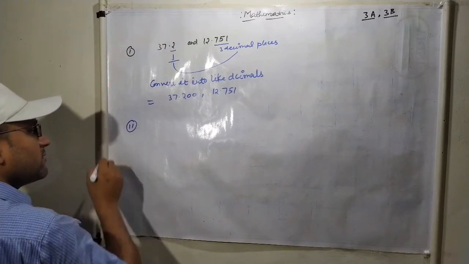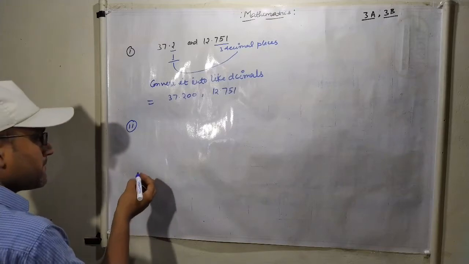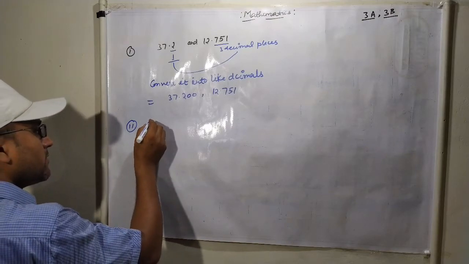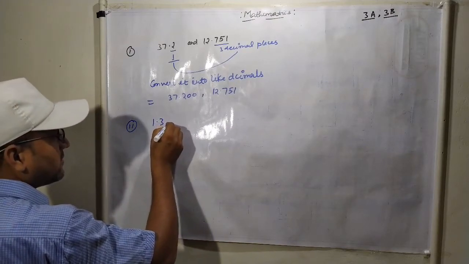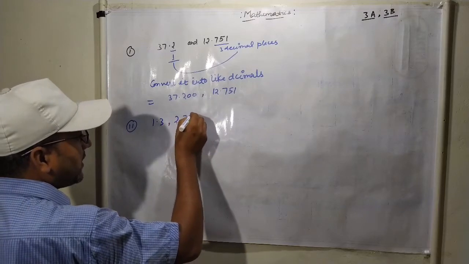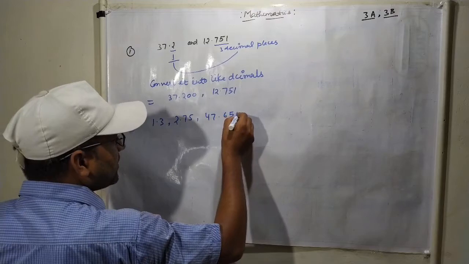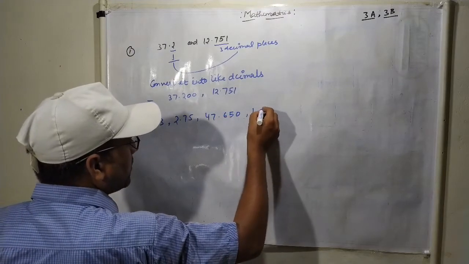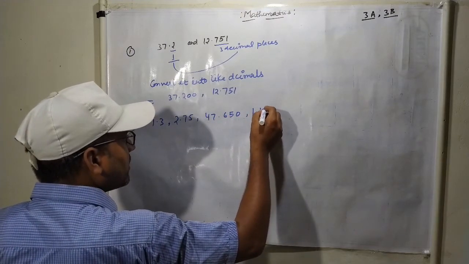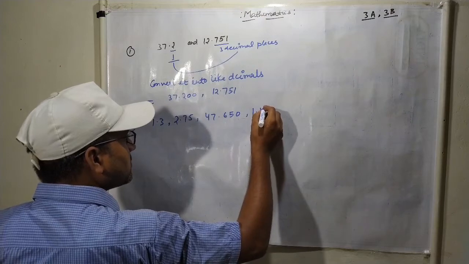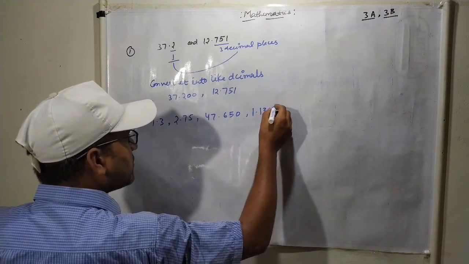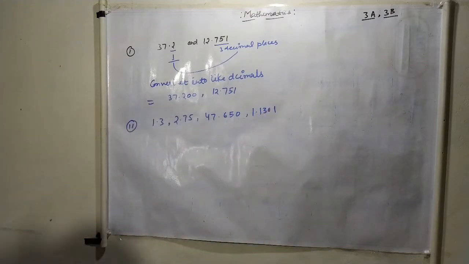Second example, 1.3, 2.75, 47.650, 1.1301. So here you see this one, students.